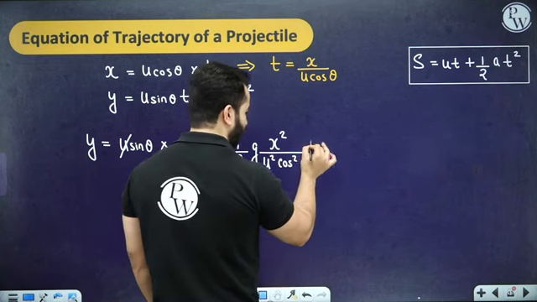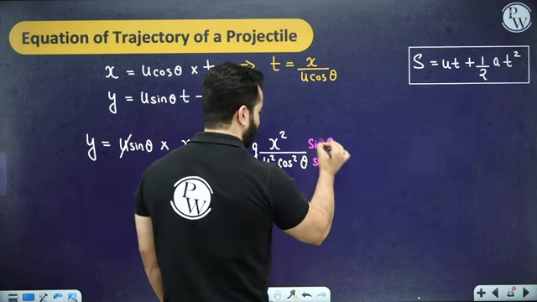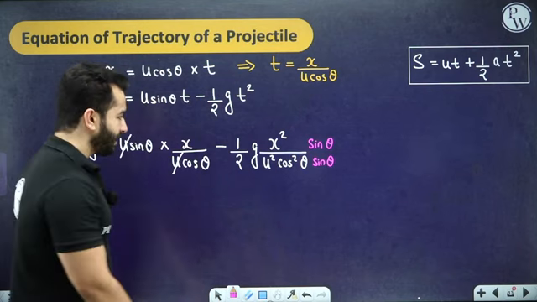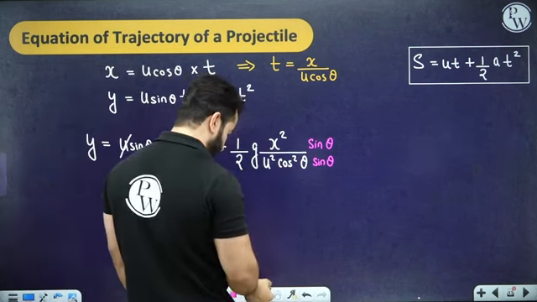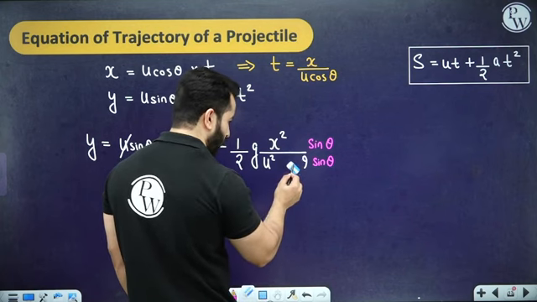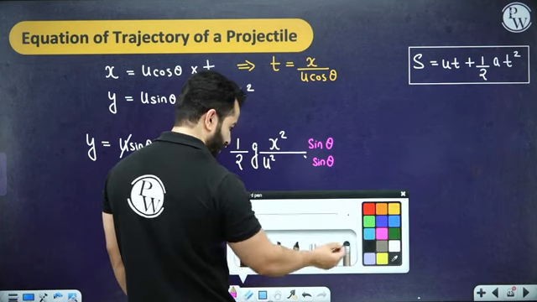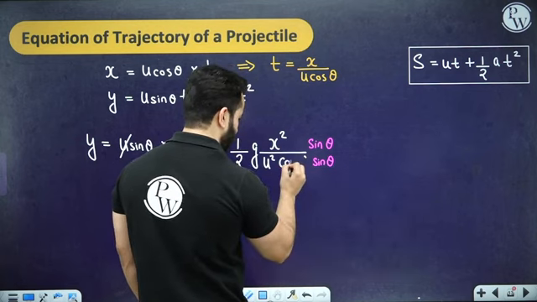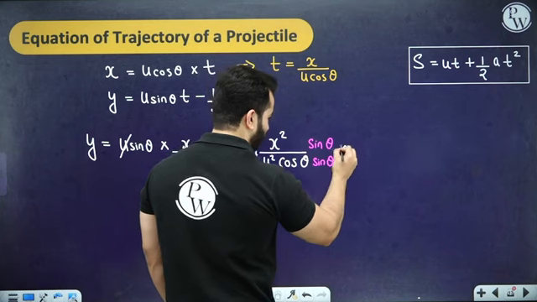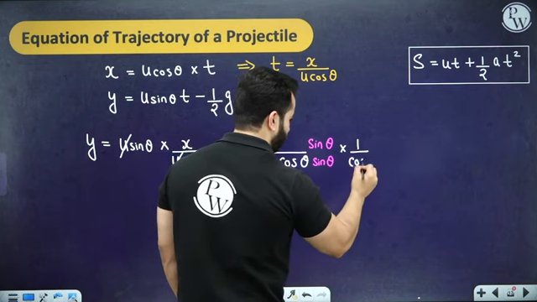Obviously I can't do something like this, so I'll again write sin theta in the numerator as well, right? And instead of this cos square theta, I'll remove one of the cos from this, and I'll write that one extra cos theta over here.